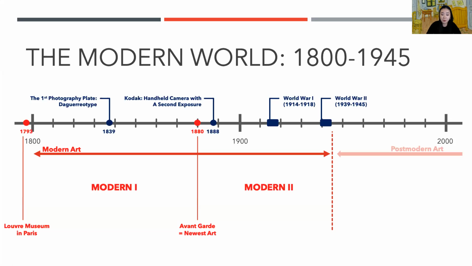As photography developed, many artists abandoned the traditional art style and tried new art styles, right? Because traditional art was not meaningful anymore, thanks to the invention of the camera. And that also happened during this time period.